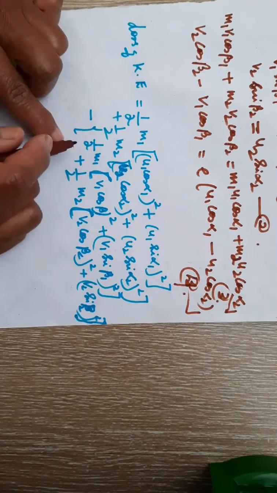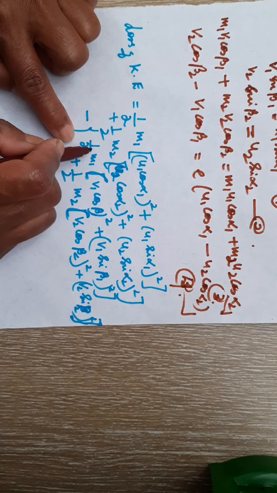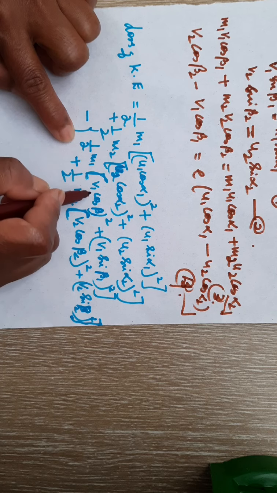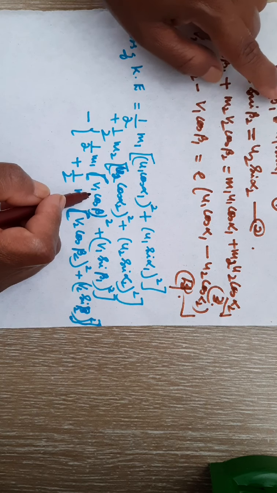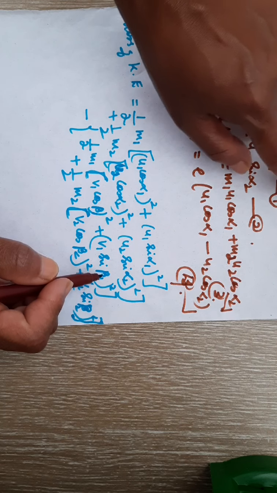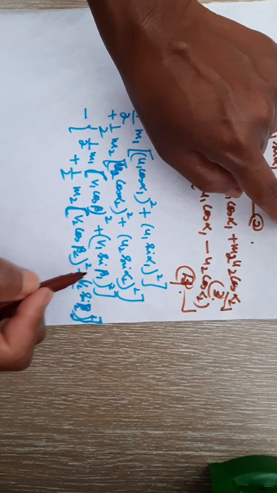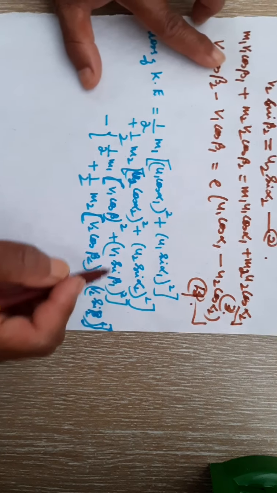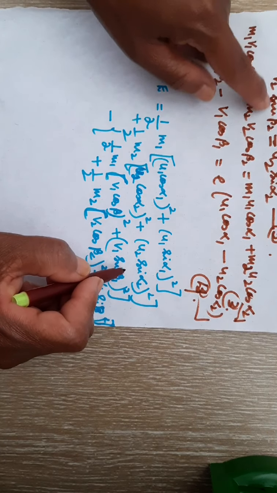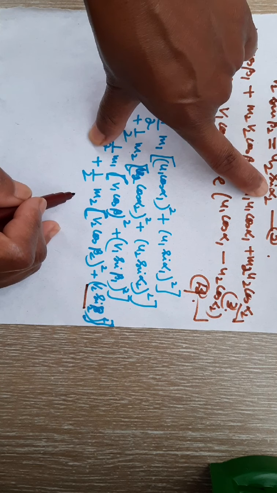The kinetic energy after impact will be, with a minus sign, half of m1 into (v1 cos beta 1) whole squared plus (v1 sin beta 1) whole squared, plus half of m2 into (v2 cos beta 2) whole squared plus (v2 sin beta 2) whole squared. But what is v2 sin beta 2? It can be replaced by u2 sin alpha 2.